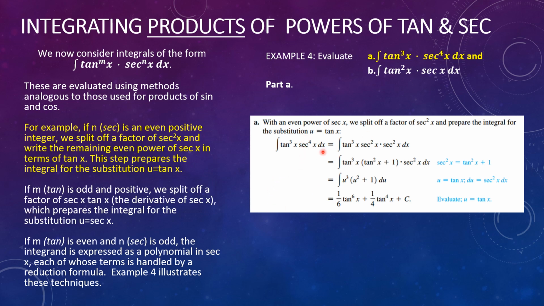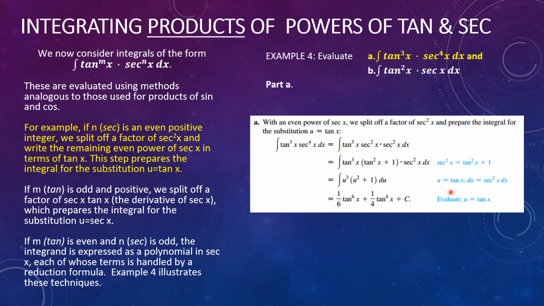So here we're going to first split off secant to the fourth power in terms of secant squared. We can see that here. And using the Pythagorean theorem, as you can see written off to the right, we can then rewrite one of those secant squares as tangent squared x plus 1.